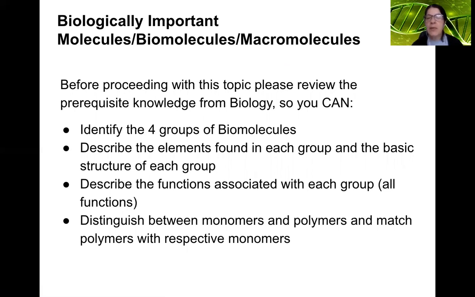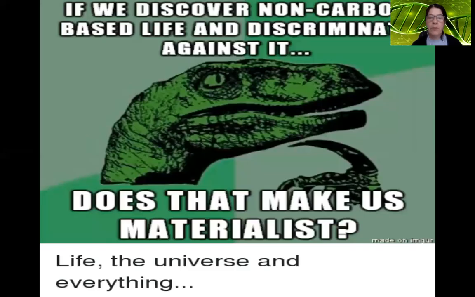Example, lipids contain only C, H, and O, and nothing else. You need to be able to describe their functions, and all of their functions, not just one. And you need to distinguish between monomers and polymers and match the polymer with its respective monomer. So know that proteins are built from amino acids. And finally, we're going to end with this.